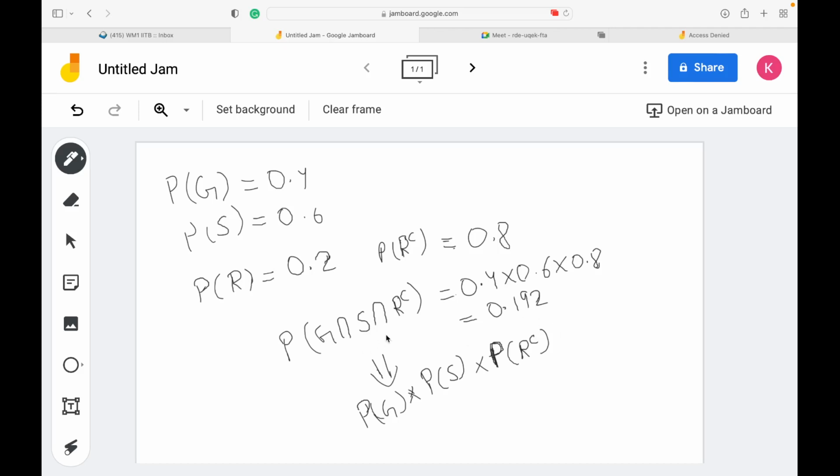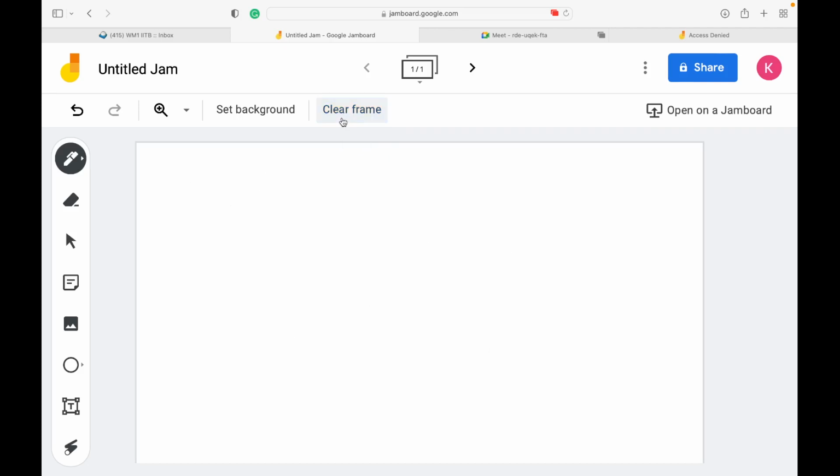One thing I will clear up. Let's say there are two events, event A and event B. Now we need to find the probability that both the events will occur simultaneously.